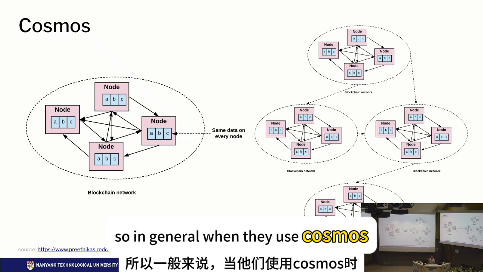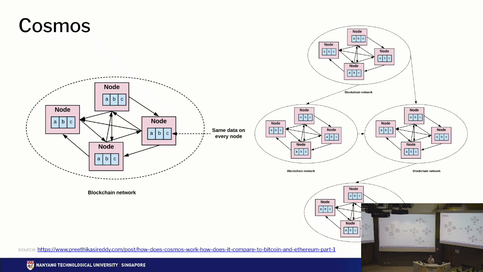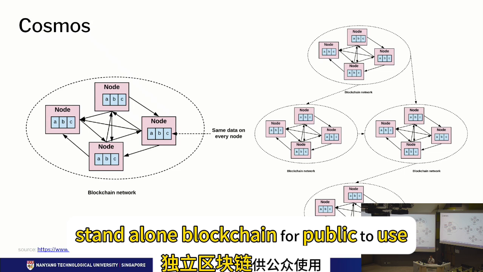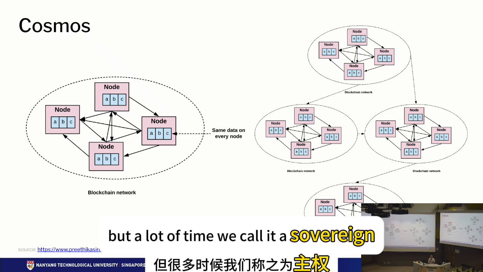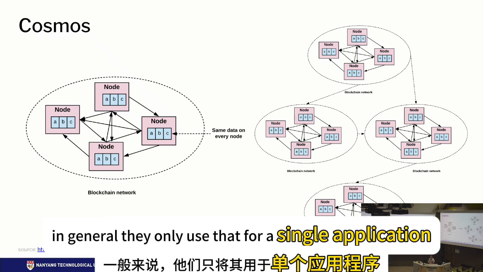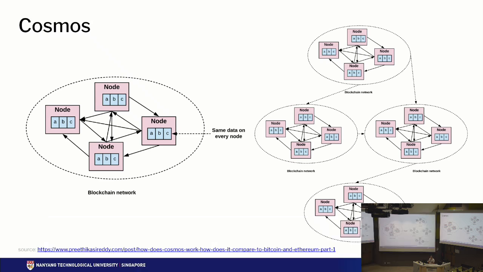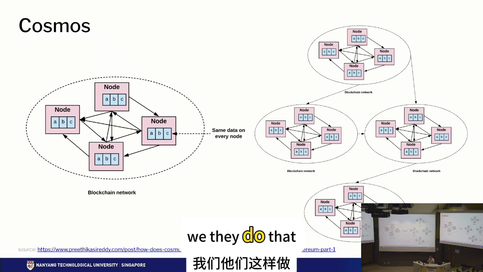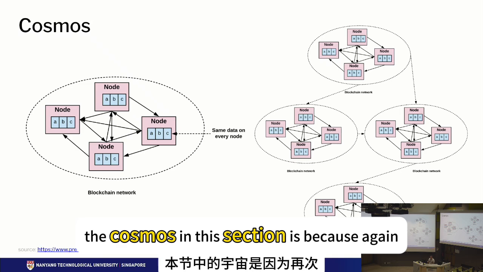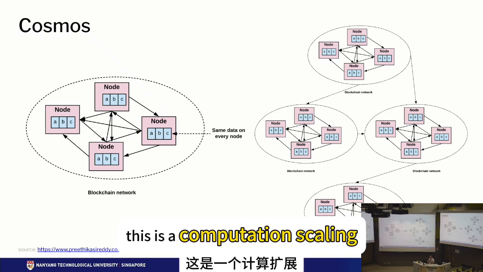In general, when they use Cosmos, some companies are trying to build a standalone blockchain for the public to use, but a lot of the time we call it a sovereign layer 1, because they only use it for a single application. The reason I talk about Cosmos in this section is that this is computation scaling.